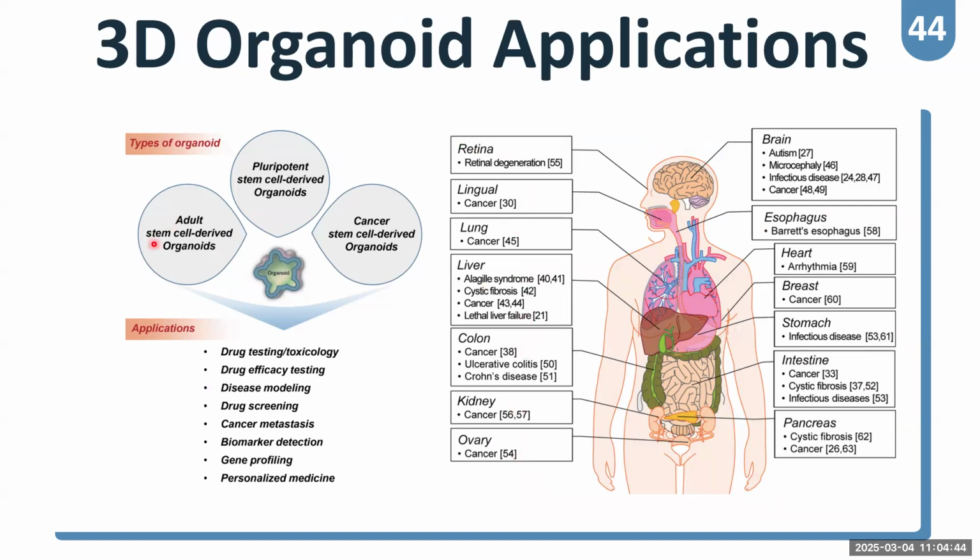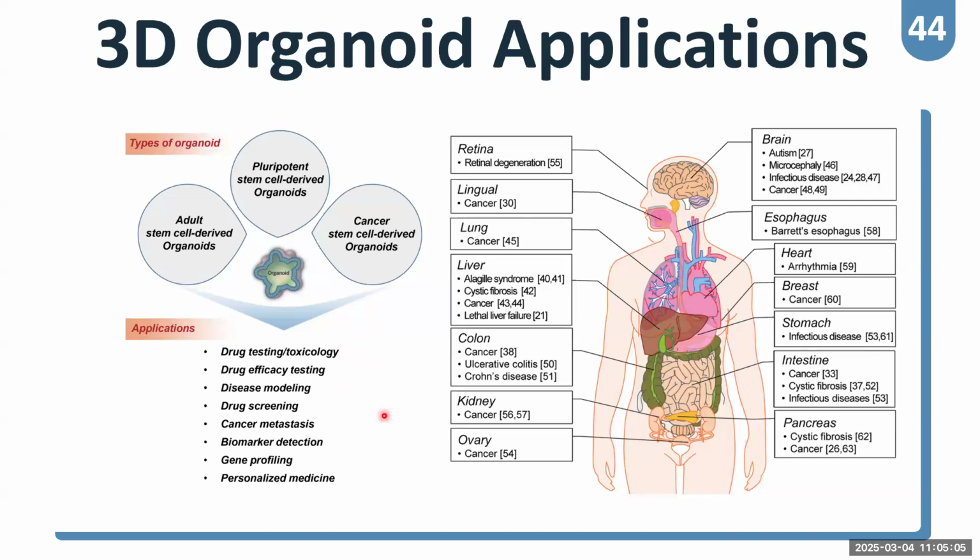Okay, and this is the application of the 3D organoid: test the drug, test the toxicity, drug testing for the personalized individual patient, drug screening, cancer metastasis, and disease models, something like that.